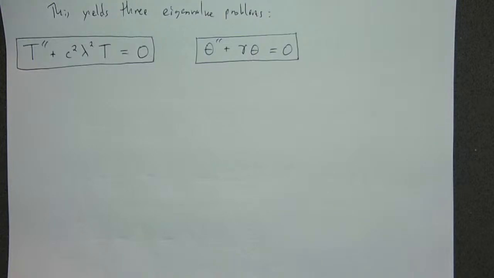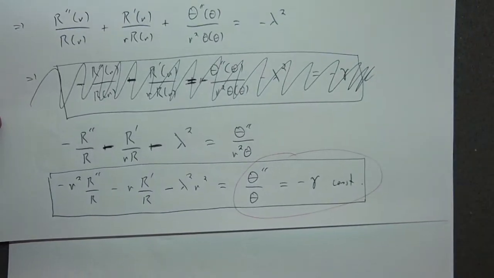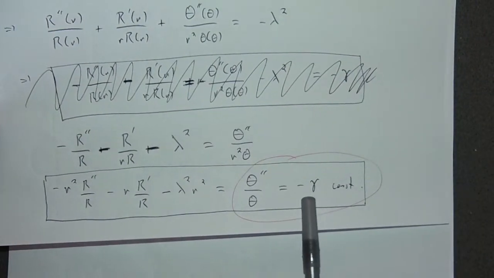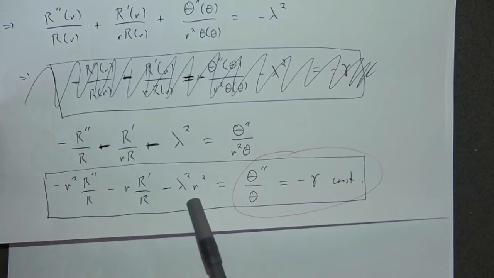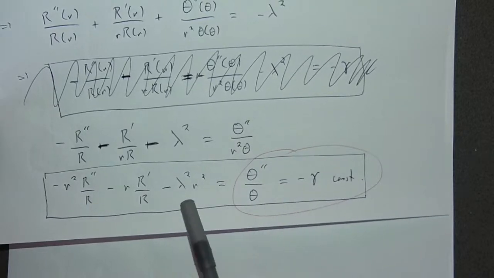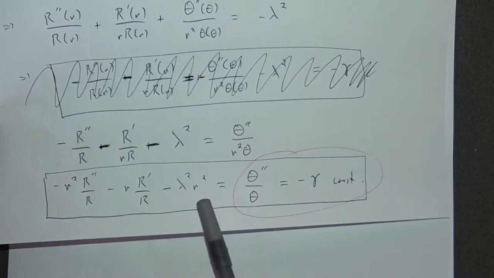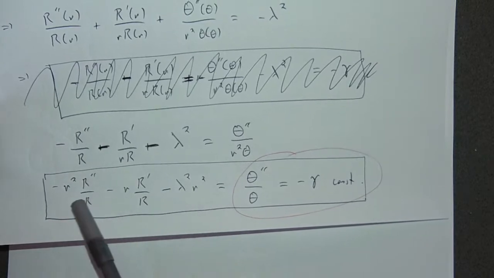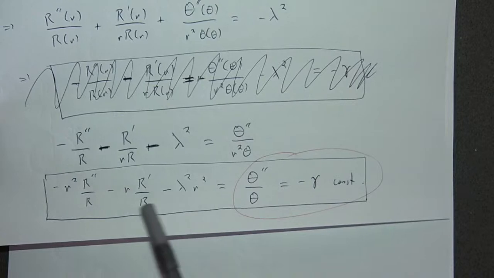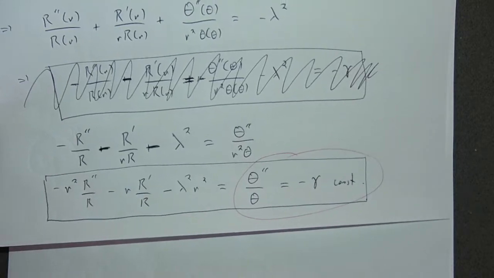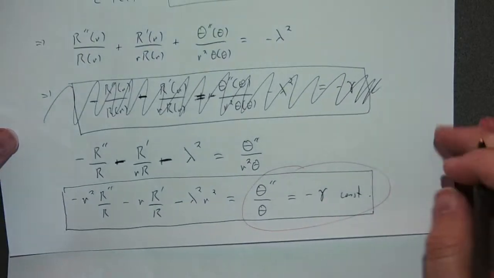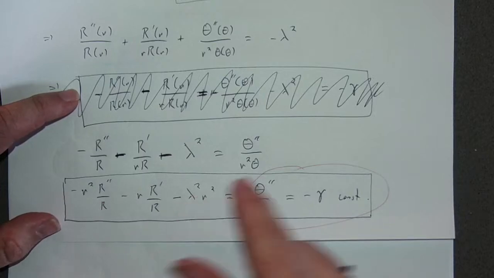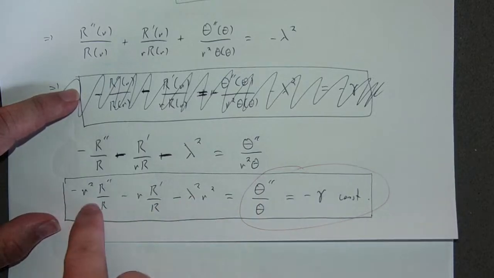And then what about this last one? So for this last one, let's see, how am I going to do this? Let's multiply through by r, add this to the other side, combine, divide through by r squared, and what do I get here? So directly from this, right? So minus r squared, let's immediately go multiplying through by r, dividing by r squared.